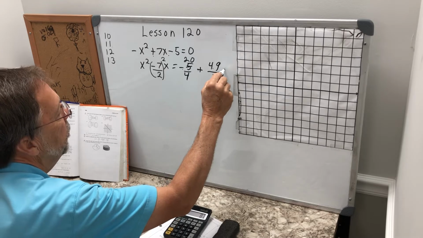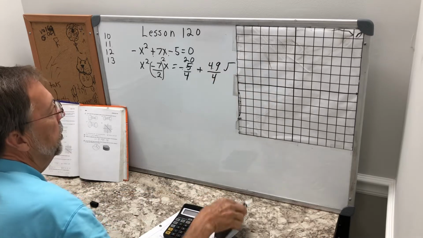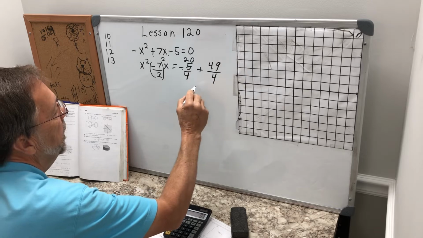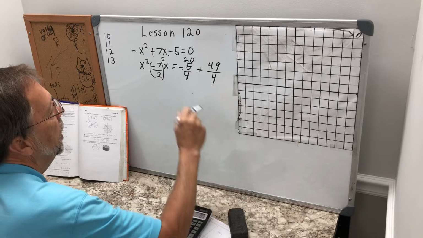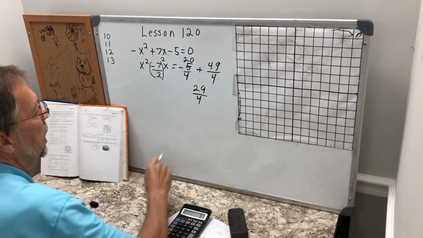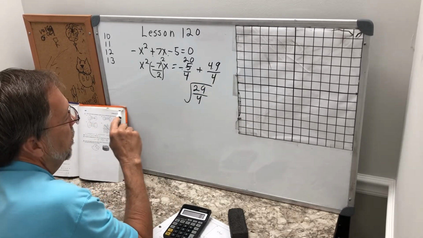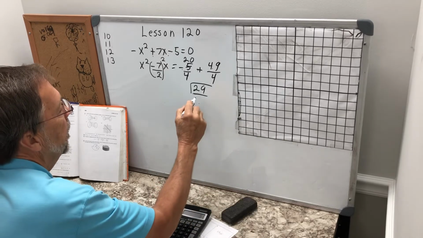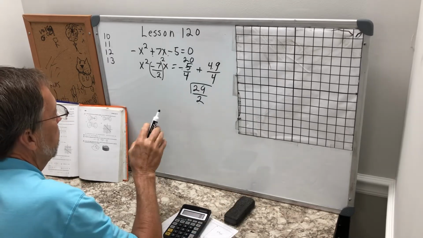That is going to finalize into being a, negative 20 plus 49 is a positive, square root of, how am I messing it up? 29 over 4. And we square root this. 29 cannot be reduced, but the 4 can. The square root of 4 is 2. That's done for the right side.